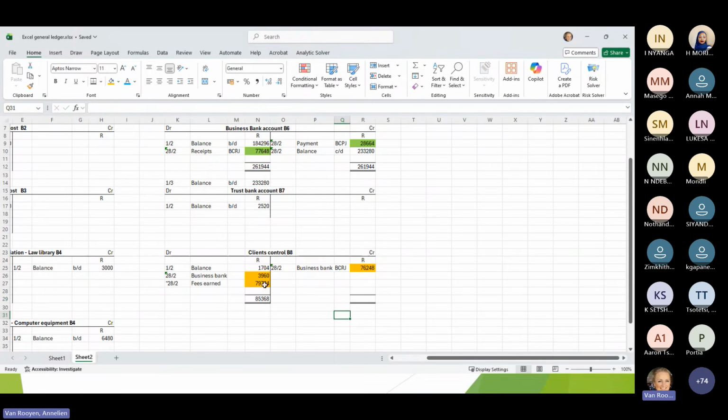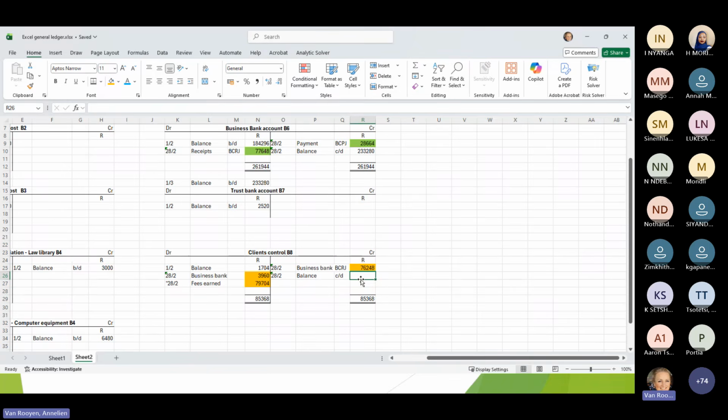Agree? You add this up because you can see this one is larger than that one. So you know this must be the total at the bottom. So what is missing? It must be our balance carried down.